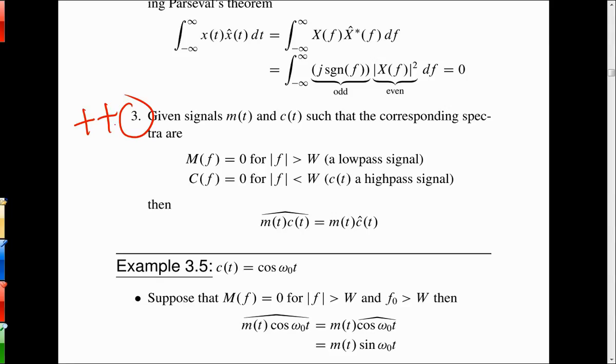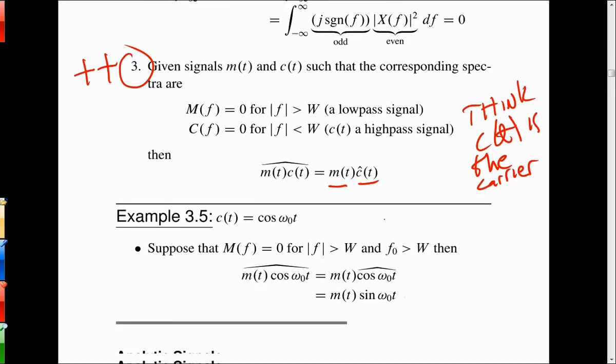What this property says is that if you have a signal m of t that's multiplied times a wideband signal or a high frequency signal c of t, and for our applications we can think of the c being like the carrier, then if we take the Hilbert transform of the product, you instead get just the narrowband signal, like the message signal, m of t, times the Hilbert transform of the high frequency signal, or high pass signal, or in our case the carrier.